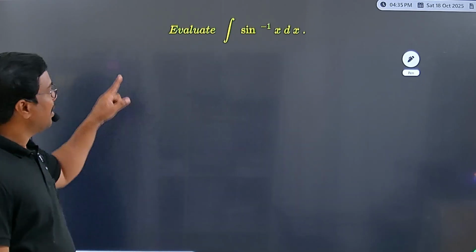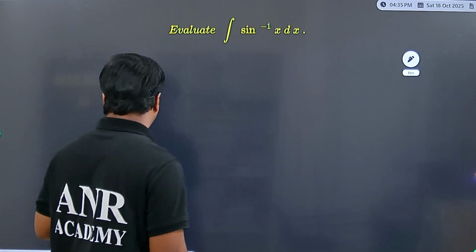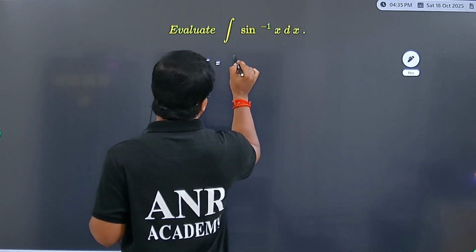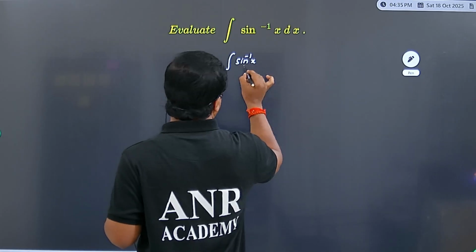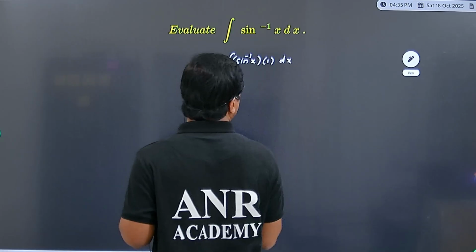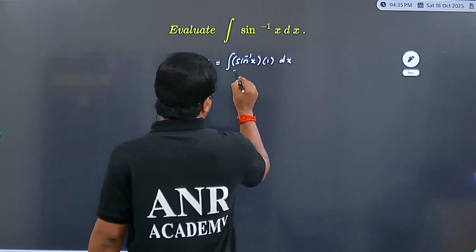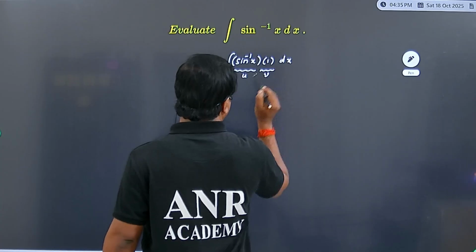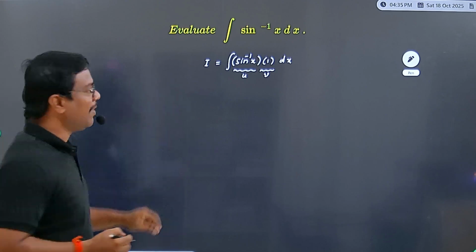Move to the next. Integration of sine inverse of x dx. I is given as integration of sine inverse of x dx. I can write sine inverse of x into 1 into dx. By treating the inverse trigonometric function as u and v as unity, by applying the uv rule, you will get the integral value.